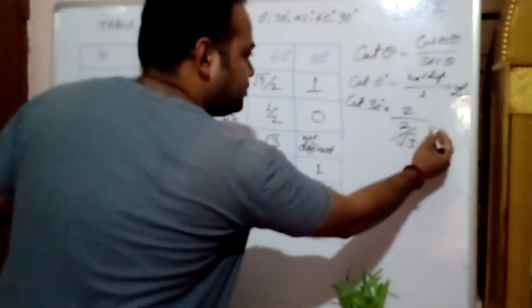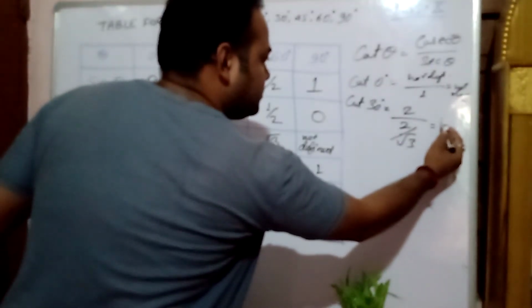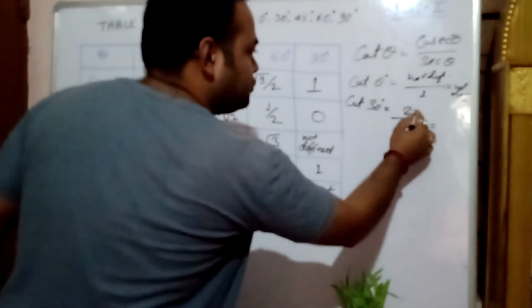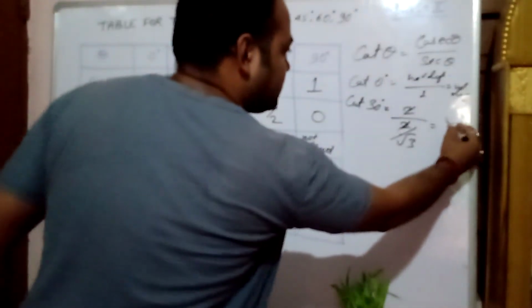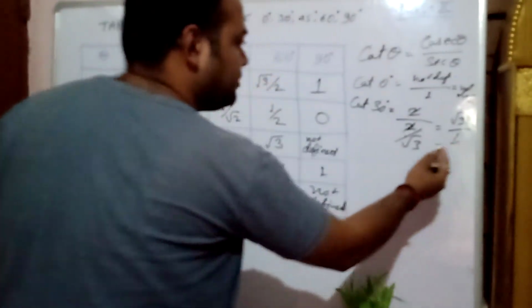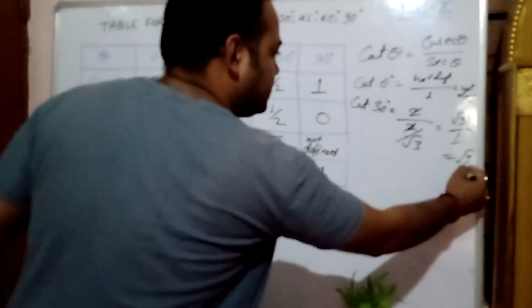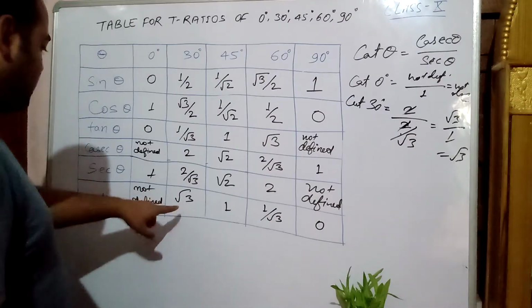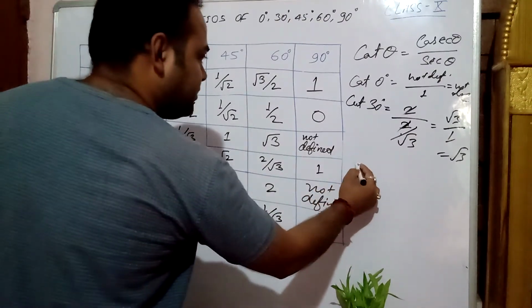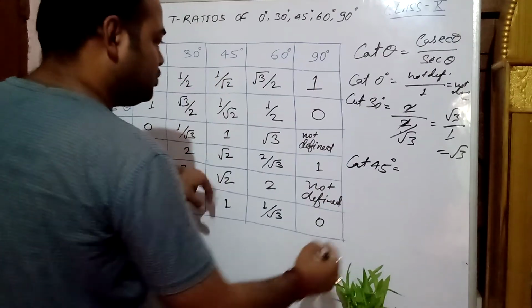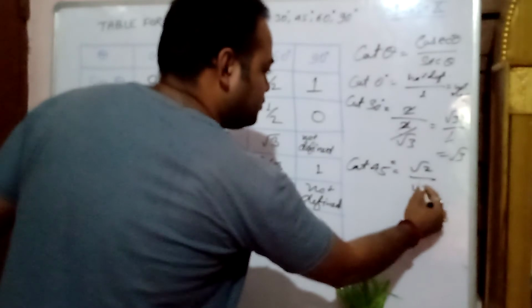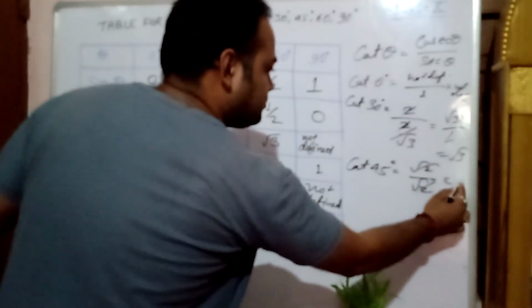Then here these two cancel, you got only root 3 by 1 is equal to root 3. Again cot 45 degree is equal to root 2 by root 2. Cancel this is equal to 1.